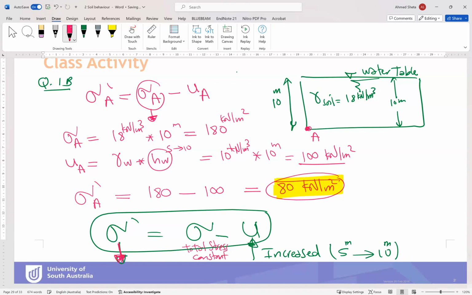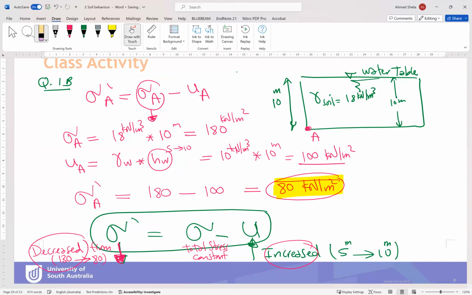So what happened to the effective stress? The effective stress decreased from 130 to 80. So this should be kept in mind all the time. When the water pressure increases, the effective stress decreases. Does a decrease in effective stress mean the soil becomes weaker or stronger?